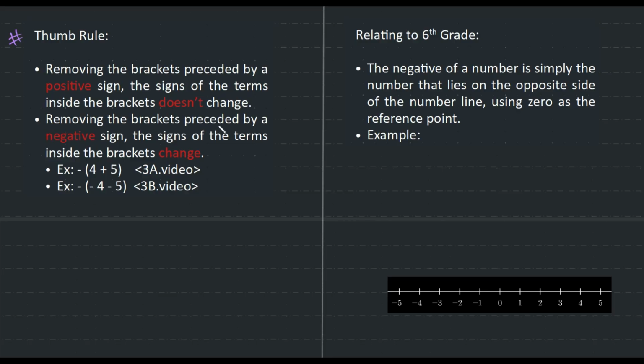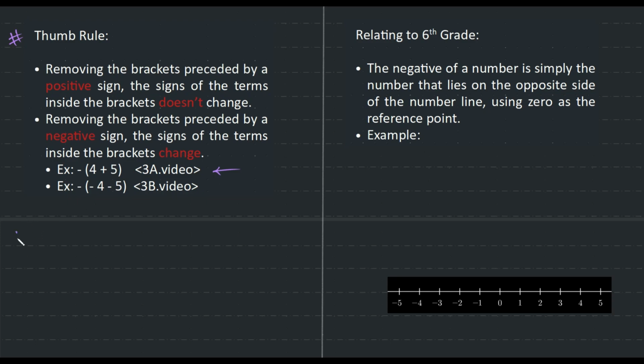Removing the brackets preceded by a negative sign, the sign of the terms inside the brackets changes. For example, over here, we have a negative sign before 4 plus 5. So when I open the brackets, I'm using this phrase, when I open the brackets, don't worry, I'll explain what it means. The sign changes.